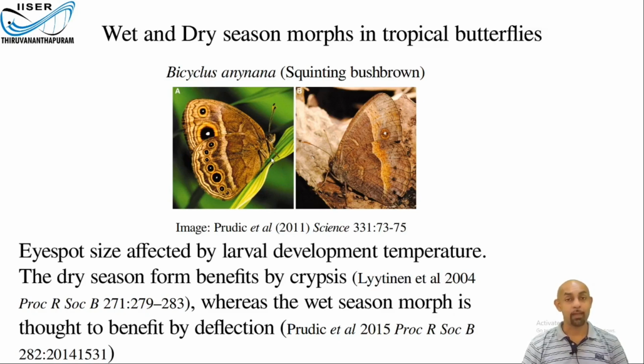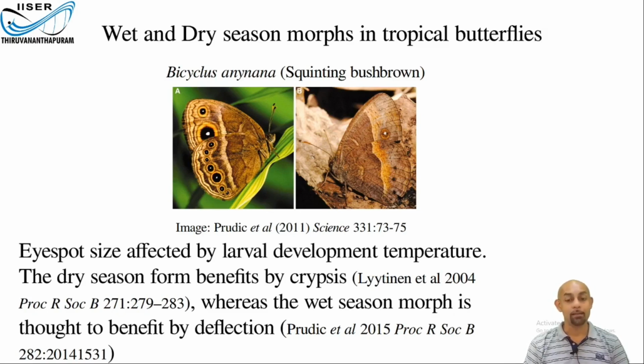This is an African butterfly, and in Malawi, these experiments were done on a population collected from Malawi. In Malawi, during the dry season, it's cooler, it's colder. During the wet season, it's warmer.